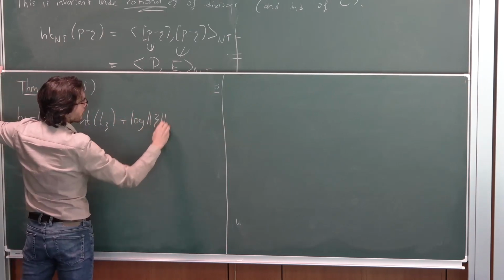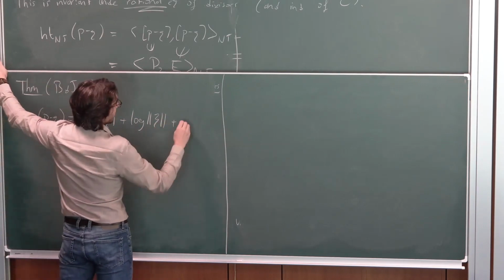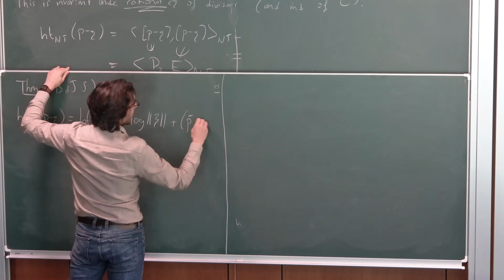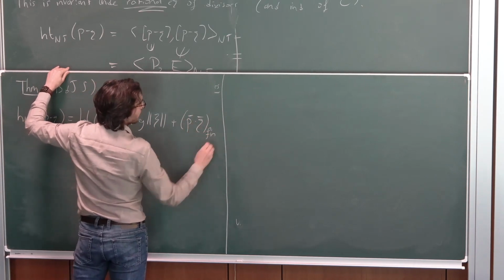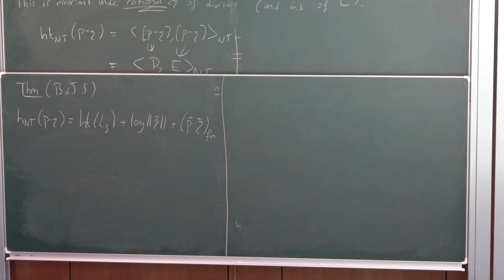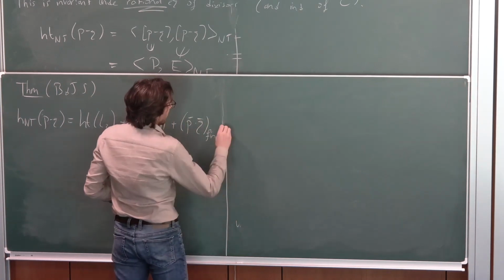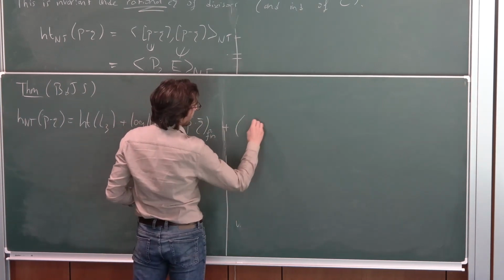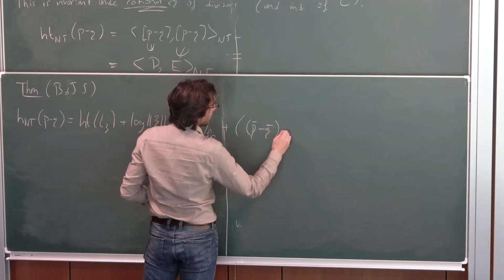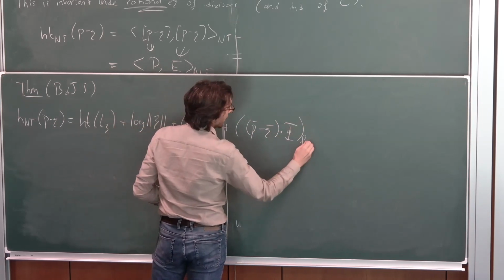So I'm going to write it like this. I'm going to explain what this is. Plus the intersection of P and Q and the arithmetic count. So for example, if they intersected over 17, it's log 17, but they could intersect over many points. And plus the intersection of P minus Q with their correction divisor and the finite count.